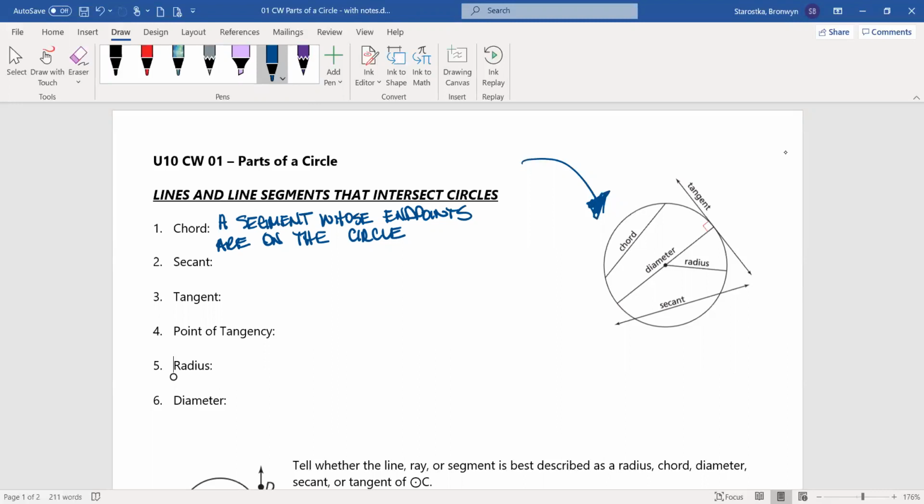Here we have a chord. Its endpoints are on the circle. Notice a radius wouldn't be a chord because only one of its endpoints is on the circle.